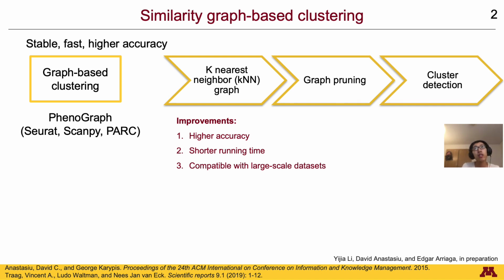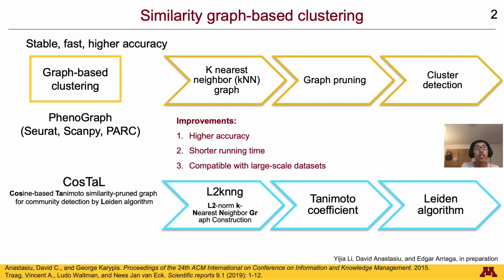So based on these shortcomings that can currently be seen in the field, we designed the algorithm named CosTaL, whose full name is cosine-based Tanimoto similarity pruned graph, used for community detection by the Leiden algorithm.